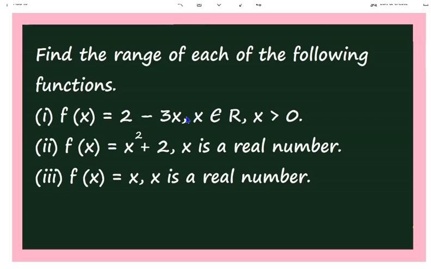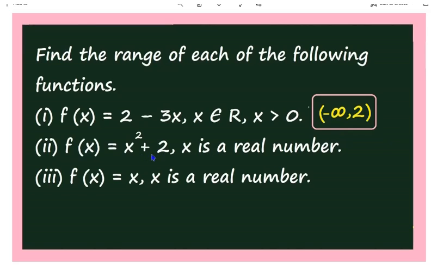That's why you can write the range of the function 2 - 3x as (-infinity, 2). Here 2 is not included because x is always positive and cannot become 0. When x is not equal to 0, f(x) never becomes 2. That's why it's the open interval (-infinity, 2).